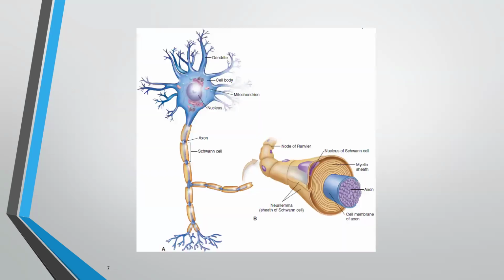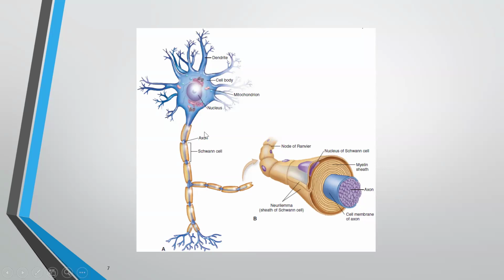If we go back and look here, these yellow bubbles around the axon, those are myelin sheaths. Why it goes faster is, as the signal is being transmitted, it hits this sheath, and it has to jump around it. So it jumps, jumps, jumps from what are called nodes of Ranvier.